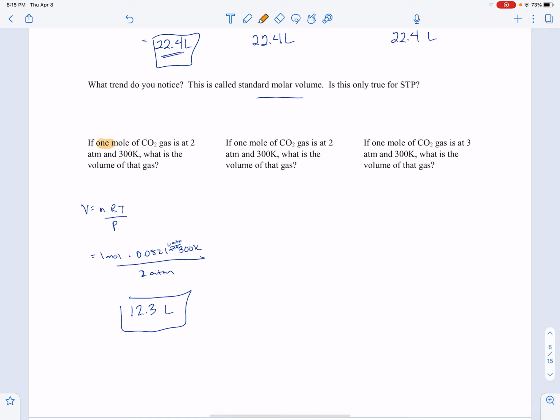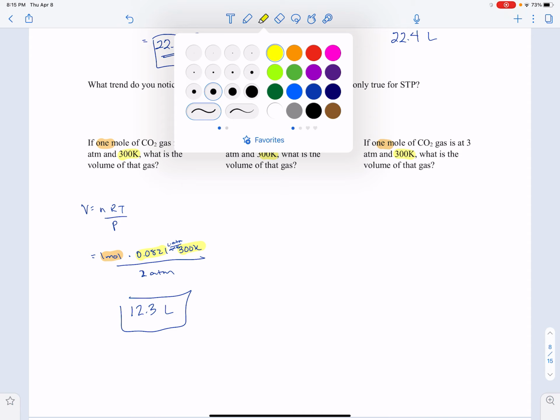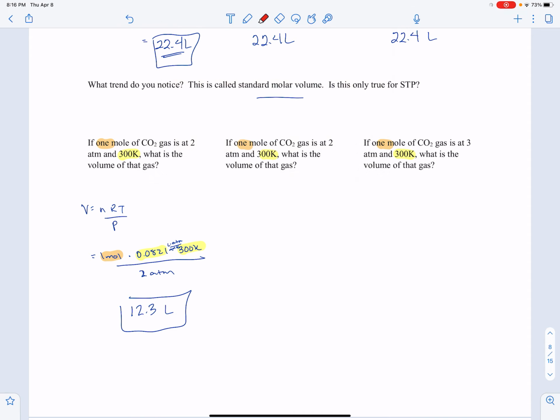Now they all are 1 mole. Let's see, they all are at the same temperature. They all have the same R value, but look, they do not all three have the same atm. I actually am pretty sure that that first one was supposed to be a 1 right here.